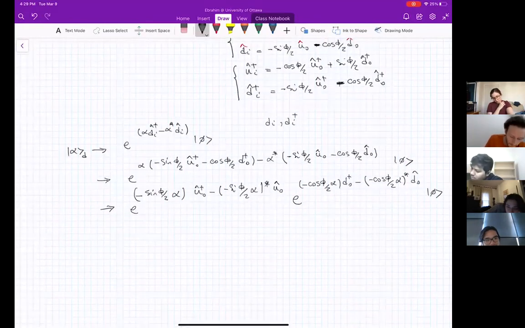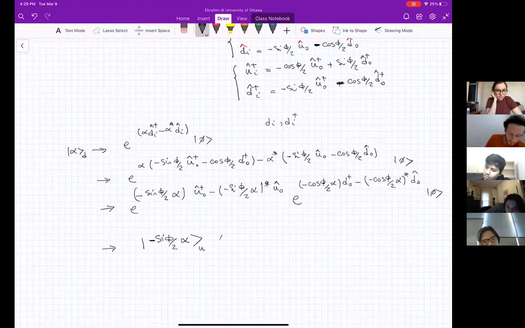Each of them looks like a displacement operator, with magnitudes minus sine phi divided by 2 alpha and minus cosine phi divided by 2 alpha. So the output will be minus sine phi divided by 2 alpha in U, tensor product with minus cosine phi divided by 2 alpha in D.